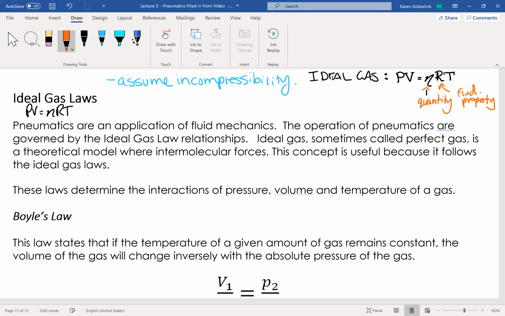But if you're dealing with the same gas, then R is the same.